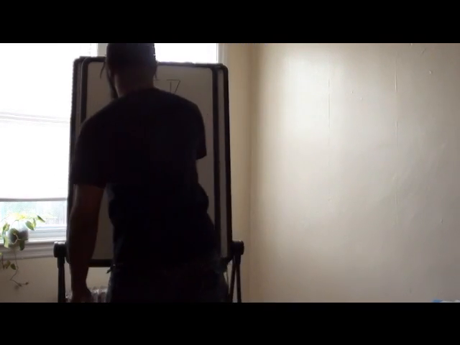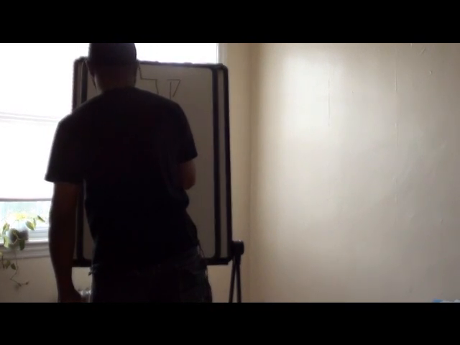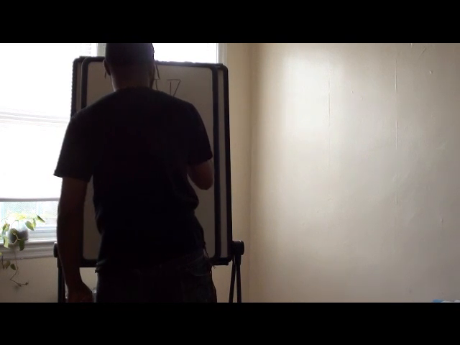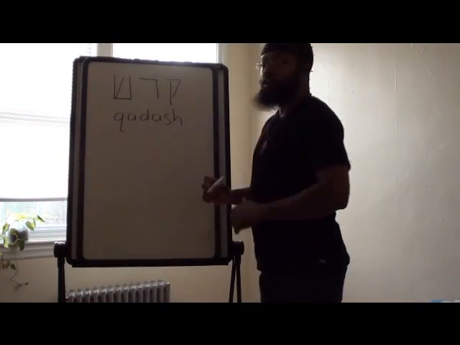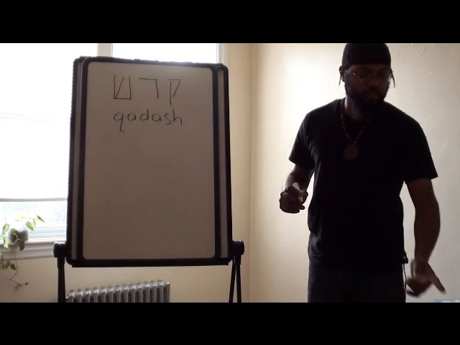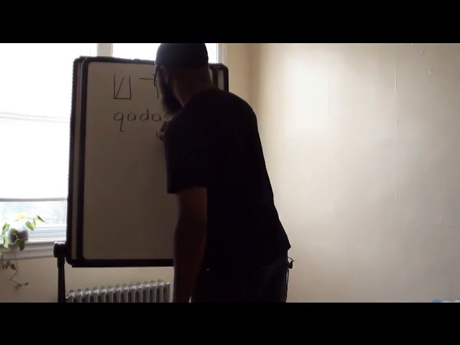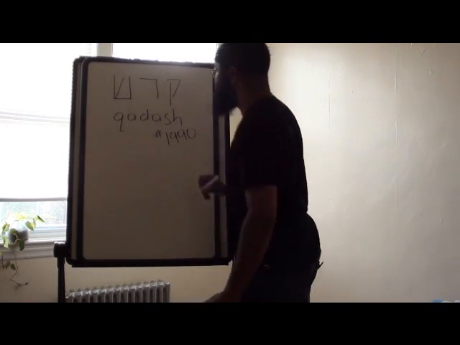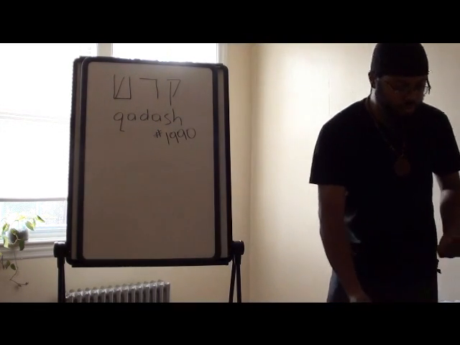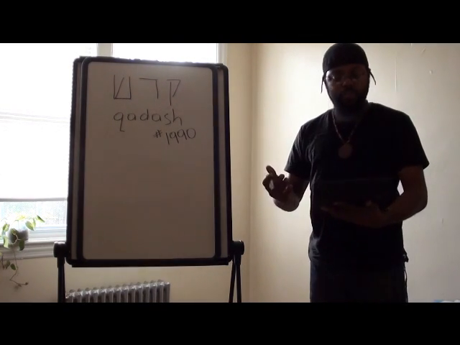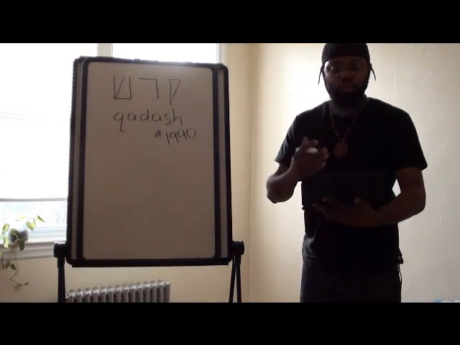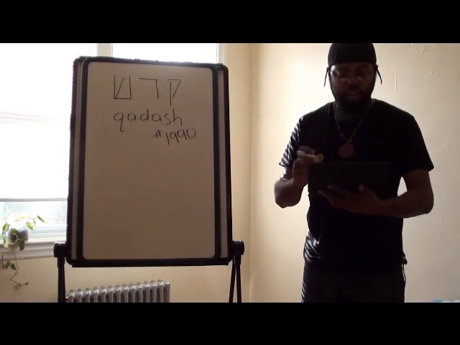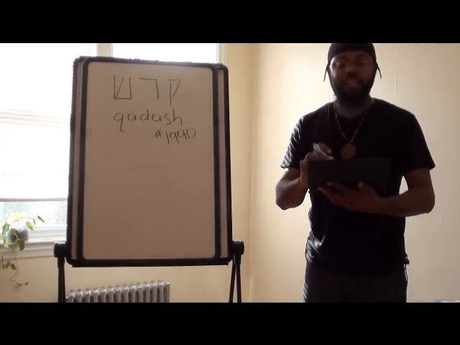Okay, the word is Kadosh. Kadosh. You find it in your Strong's number 1990. Okay? Now again, this is a primitive root, and what this means, to be clean. Real simple. The term Kadosh means to be clean.